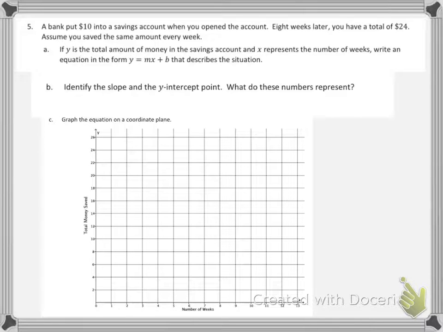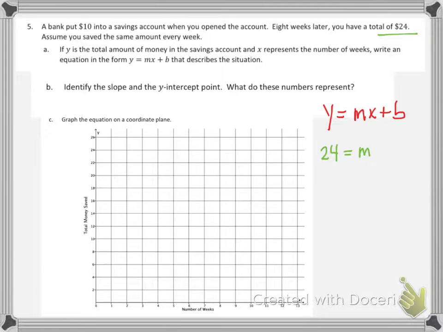Okay, so our equation would be this. I'm going to use the slope-intercept form, y equals mx plus b. I'm going to substitute what I know from this question. I already know the total amount. The total amount is $24. That's y, so I'm going to put a 24 in for y. I don't know the slope, so I'm going to leave that alone.